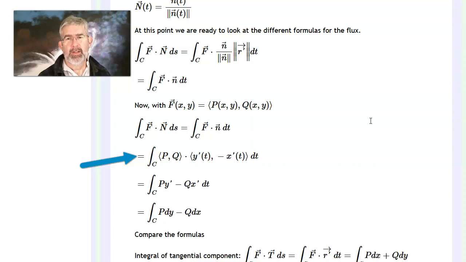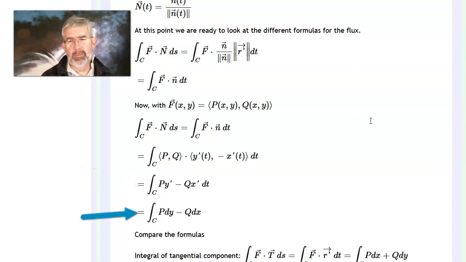The P and the Q are both functions of x and y, but I'm just choosing not to write that at the moment. So I've got the vector P, Q dotted with little n, which is y prime comma negative x prime dt. And when you take that dot product, you get P times y prime, and you get Q times negative x prime, and this integral is dt.